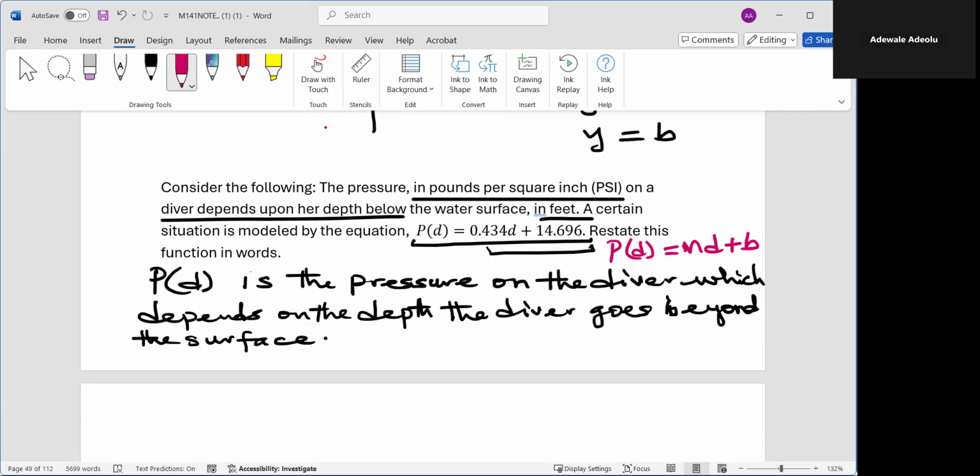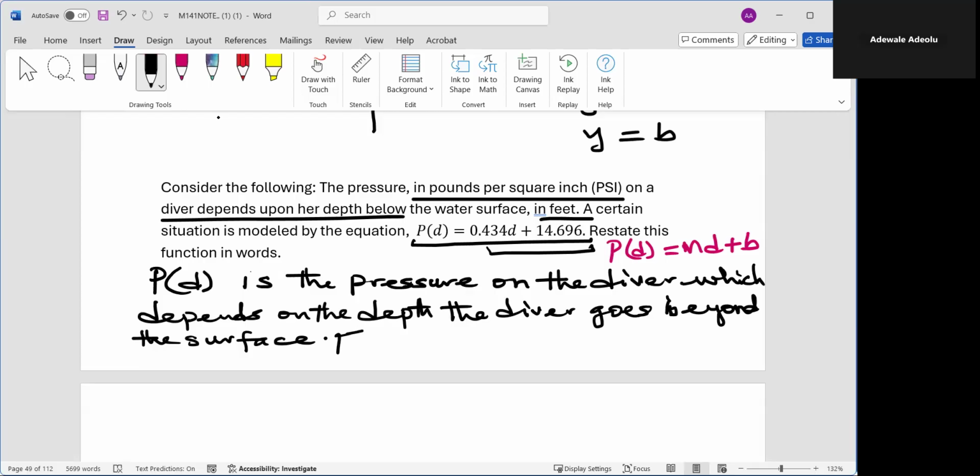So if m is 0.434, what it means is that, look at it, 0.434D. So what it means is that for each foot that the diver goes below the surface of the water, the pressure increases by 0.434.